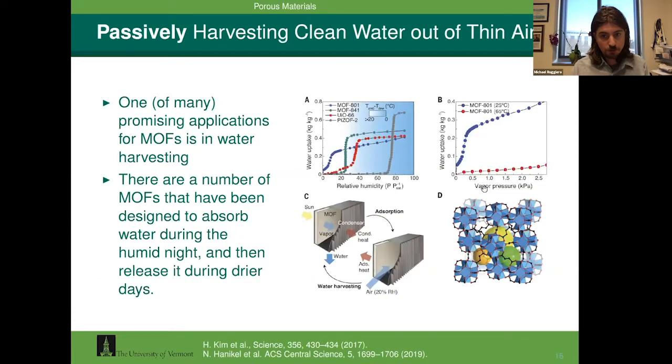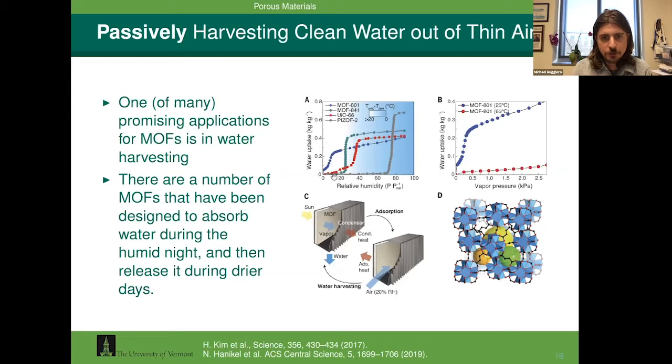One really cool application is actually passive water harvesting. So there are a series of MOFs that have been discovered, and more are coming out every day, that operate, they absorb water based on the relative humidity of the air, based on the percentage of the humidity of the air. And so they tend to operate over a really narrow range.